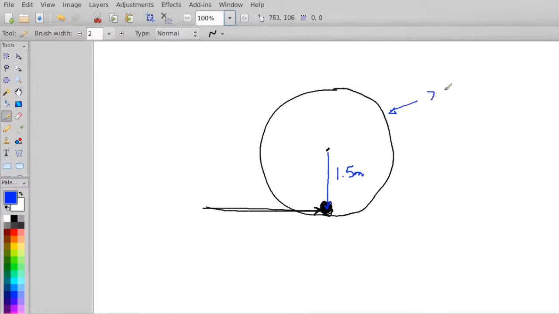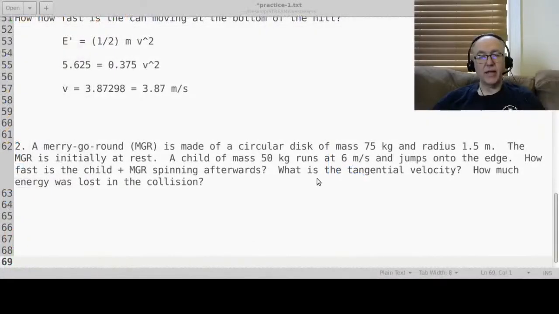It was 75 kilograms. The big dot there is the child hanging on, with a mass of 50 kilograms. All right, that's the setup. What am I asking? I'm asking how fast are they spinning?